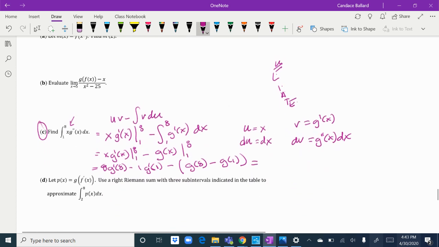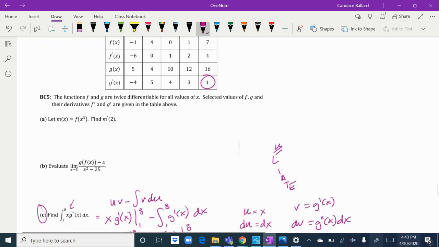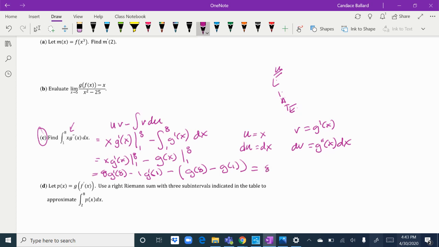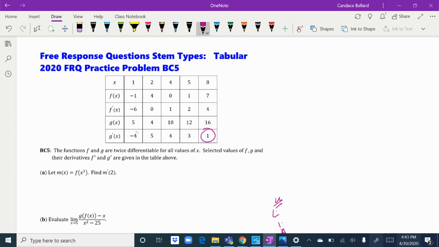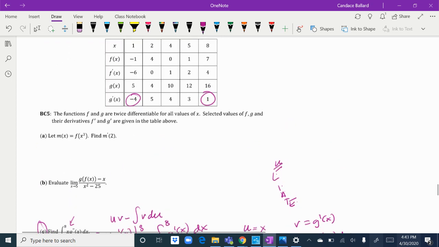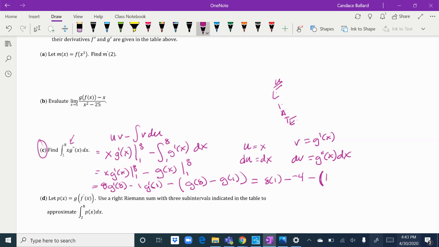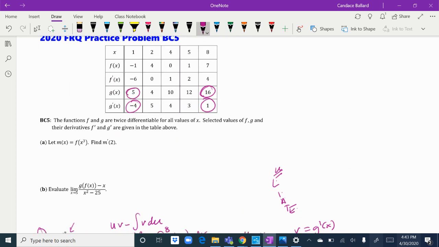We've got to go G prime of 8. So I'm going to go to my table and find my G prime. G prime of 8 is 1. So I have 8 times 1 minus, I really don't need the 1, but I need G prime of 1 in my table. G prime of 1 in my table is negative 4. Minus, and still a parentheses, G of 8. So I got to be careful. G of 8 this time is 16 minus G of 1 is 5.